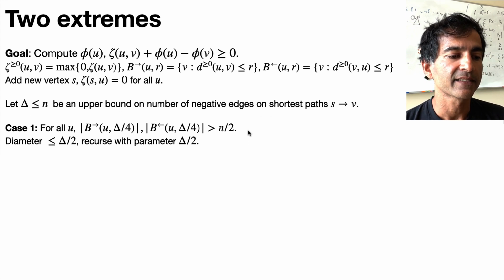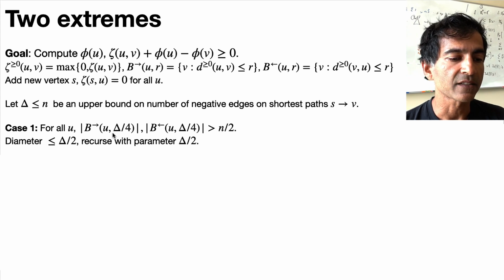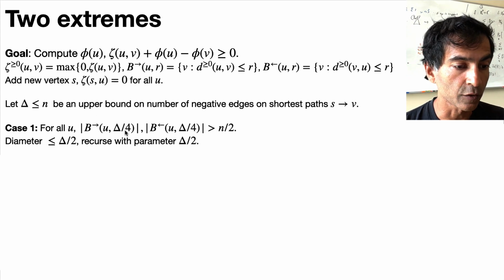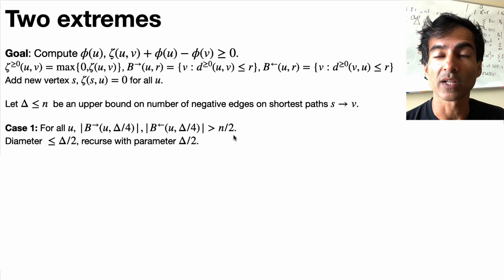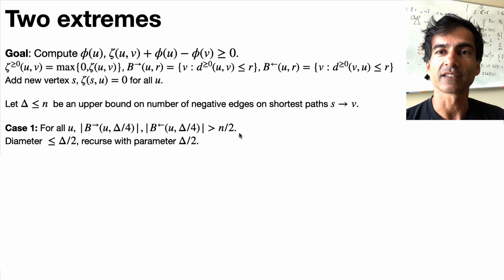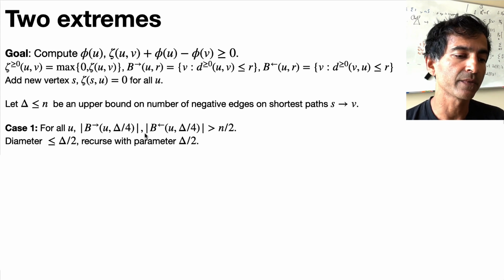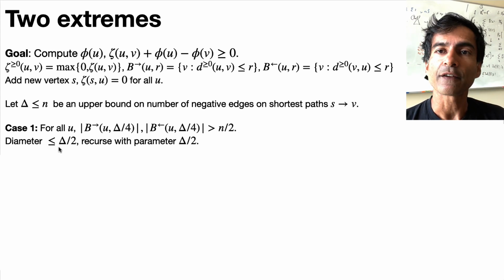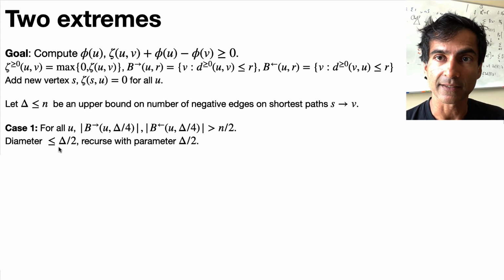Now in the first case, if for every vertex, all of the balls we talked about of radius delta over 4 are big, that's one nice case. In this case, the diameter of the graph we're working with, the non-negative edges, is small. So by the lemma we discussed before, every shortest path from S to V has at most delta over 2 edges.